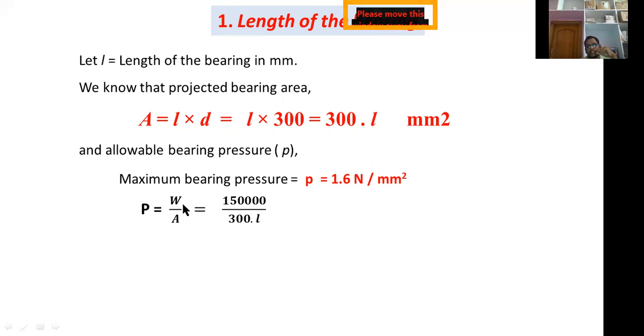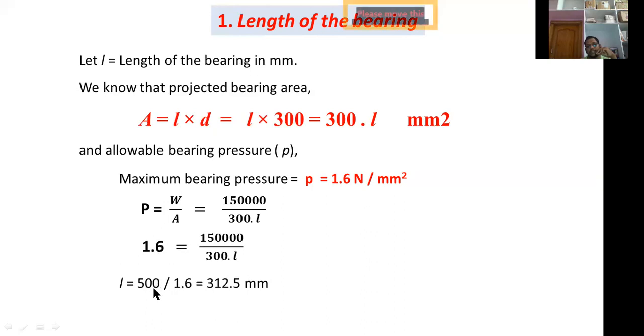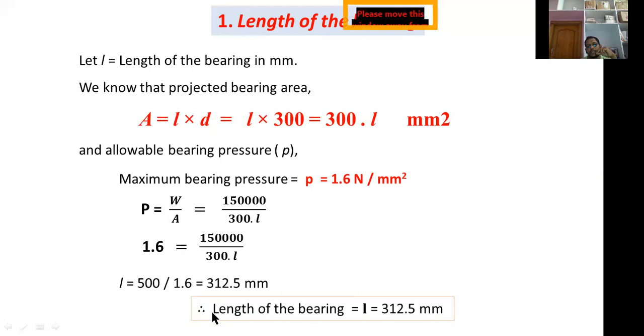Load is given, that is 150 kilonewtons, so 150,000 divided by area equal to 300 L. So by using this formula and substituting the value of P equal to 1.6, finally we get the length equal to 312.5 mm. So finally the length of the bearing required is L equal to 312.5 mm. This is the answer for bearing length.